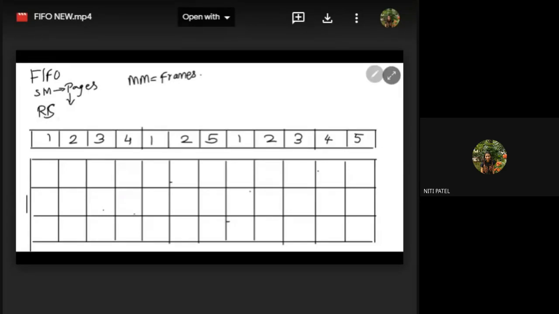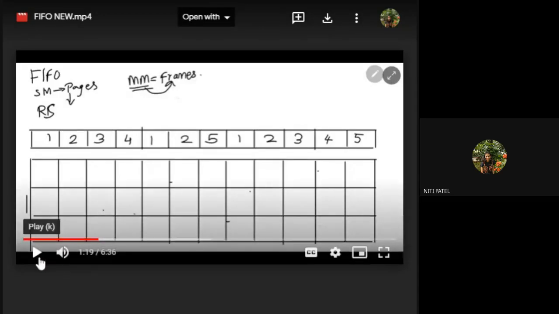This will already be given to you in the question. Now we cannot take this data in the form of pages and give it directly to the CPU for execution. We have to bring it inside the main memory, that is inside the frames, and then we can execute it from main memory.